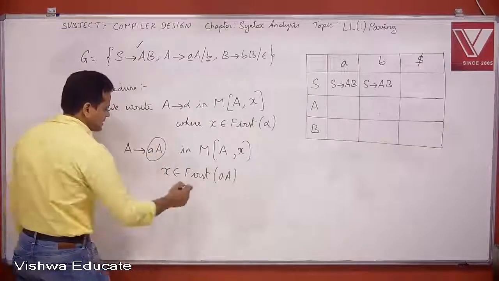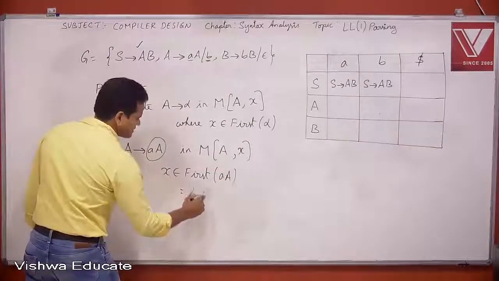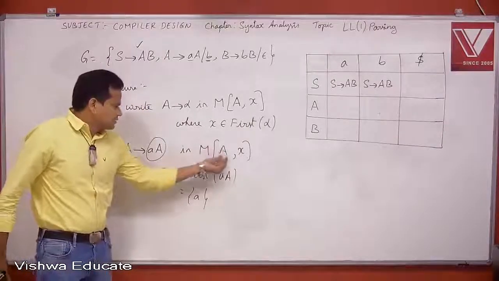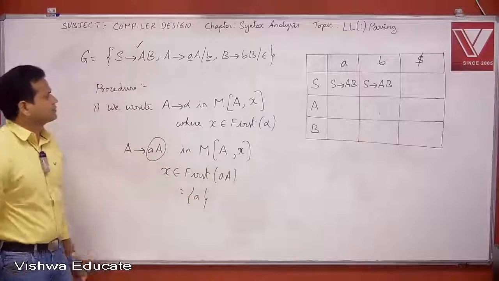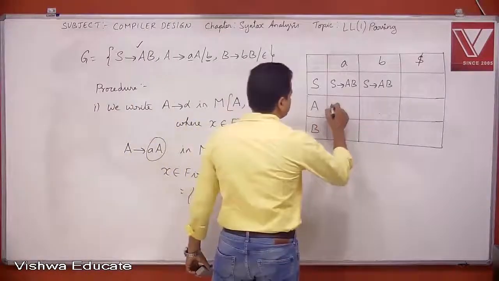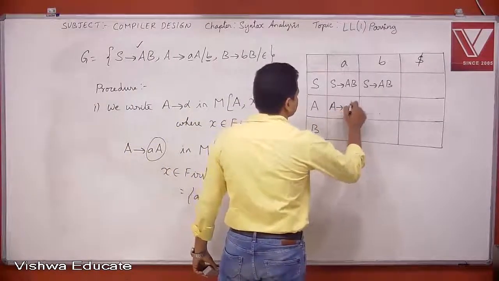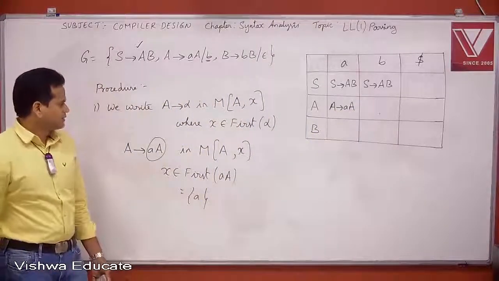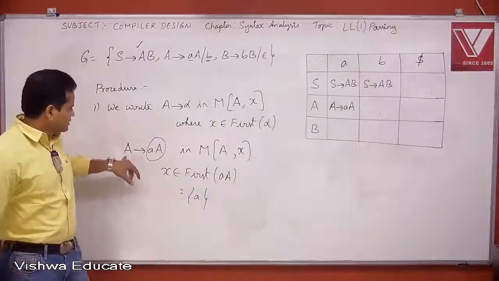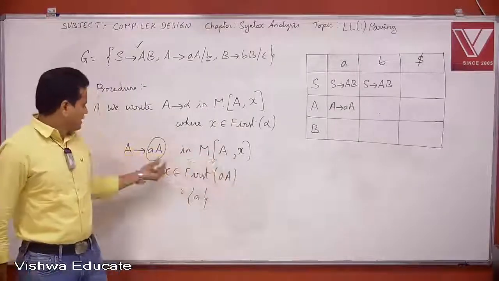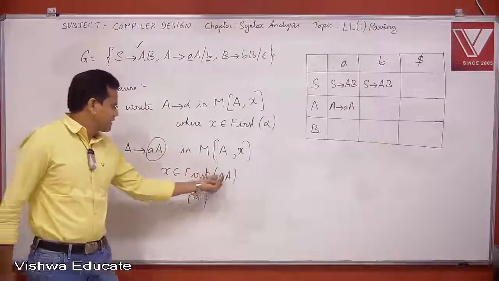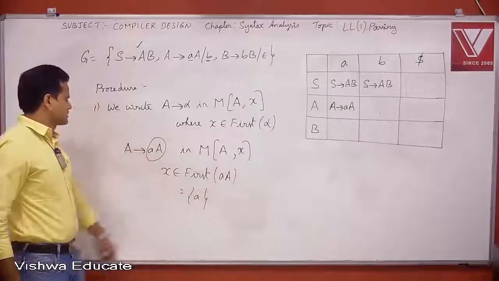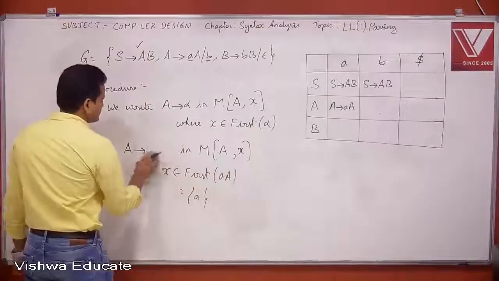Alpha is AA, and first of AA is A. So in the A row, A column, write this production. Alpha is AA, first of AA is A, so A comma A, we write this. This is also completed.